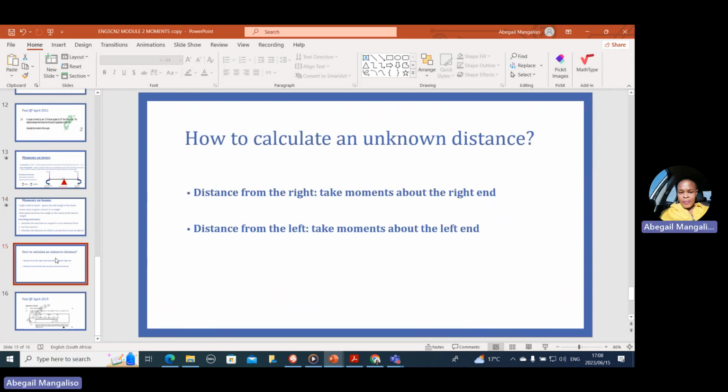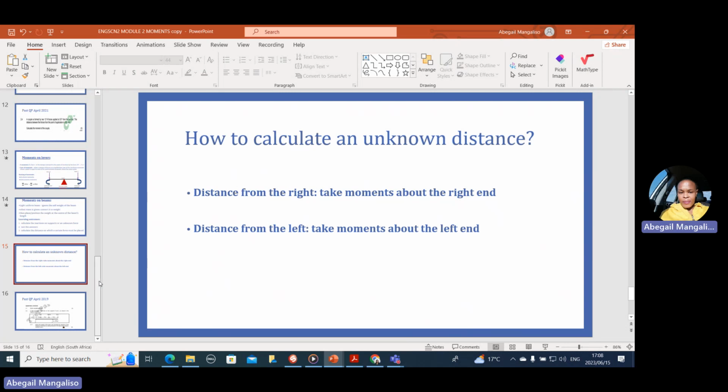To calculate this unknown distance, if the distance is from the right, you take moments about the right end, because the unknown distance will be closer to the right end. If the distance is from the left, you take moments about the left end, unless stated otherwise.